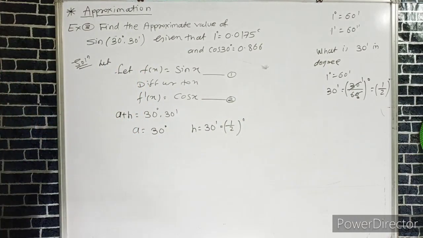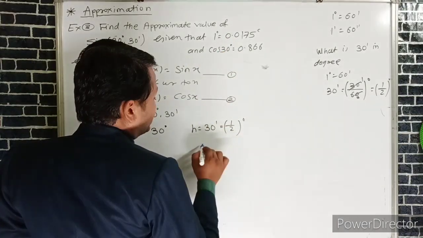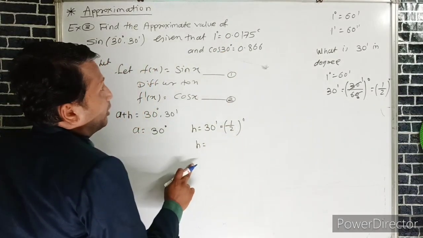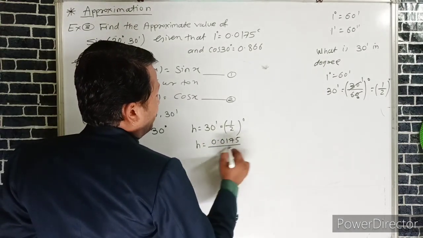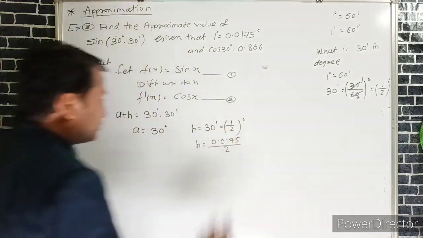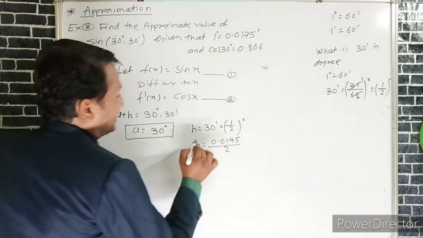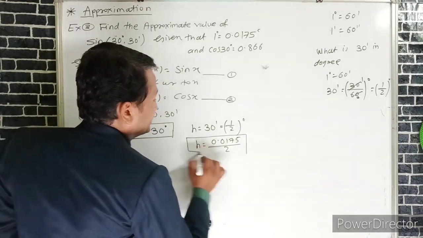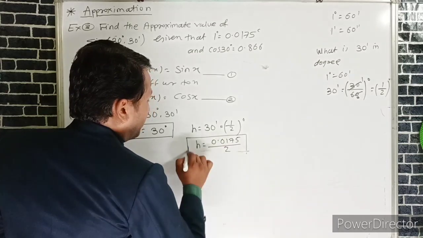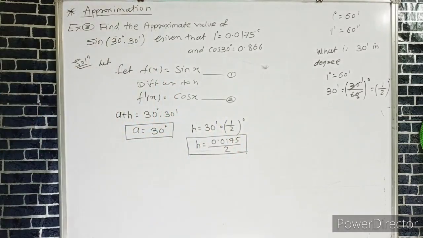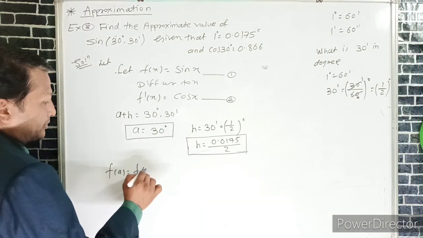Here, since 1 degree is equal to 0.0175, we can also write the value of h in radians: 0.0175 upon 2. It means that the value of a is 30 degrees and the value of h is 0.0175 upon 2. Now first we find the value of f of a, meaning f of 30 degrees.